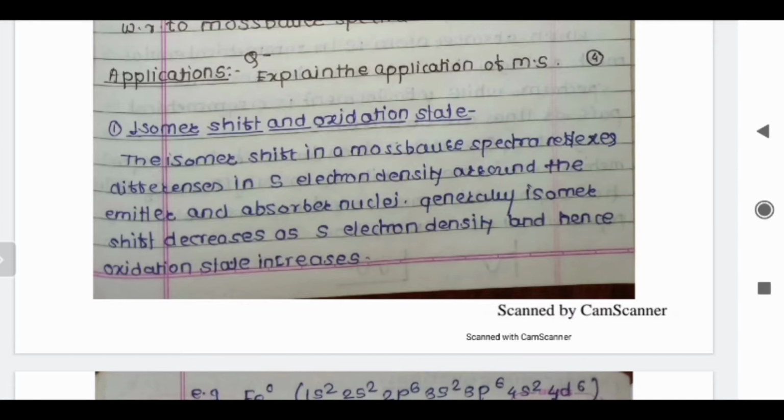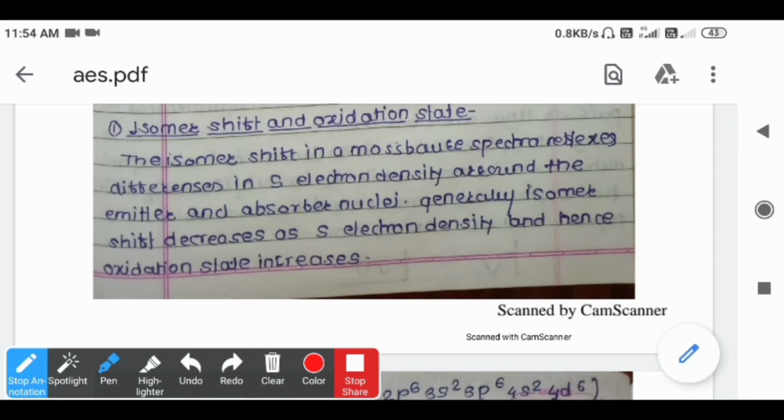Depending upon the oxidation state or the electrochemical nature of the iron atom, the isomer shift will change, because the nature around iron decides how much radiation it will absorb from the incident radiation. Basically, the oxidation state decides the electron density around the nucleus, and the nucleus is much closer to the s electron density than to the p or d electron density.